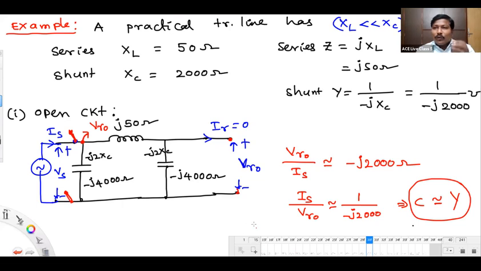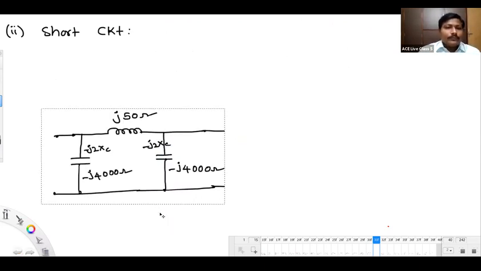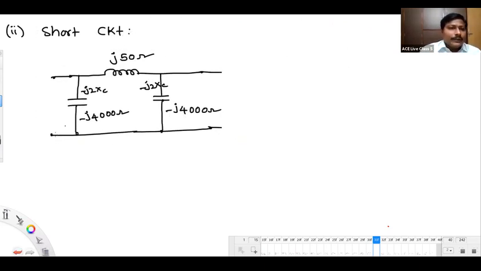Okay, let's think about short circuit also and we'll make some comment. Second one, short circuit study. You see this? This is a place where you have a voltage of Vs and a current something like Is, and you are going to make a short circuit at this place.